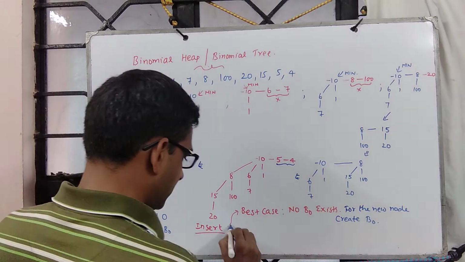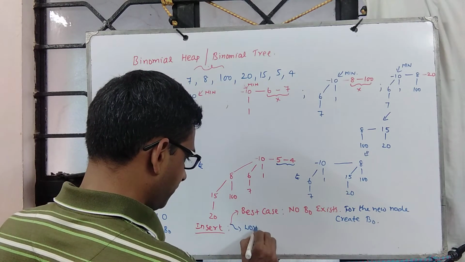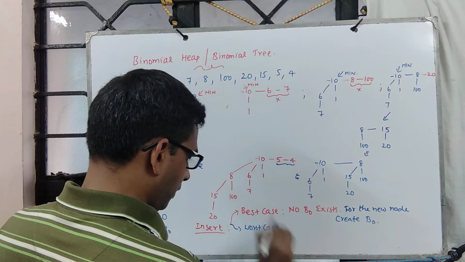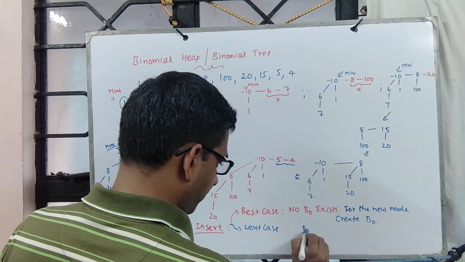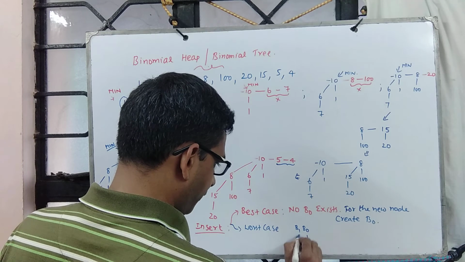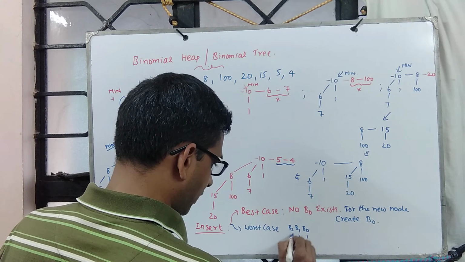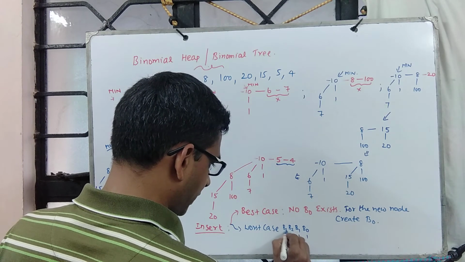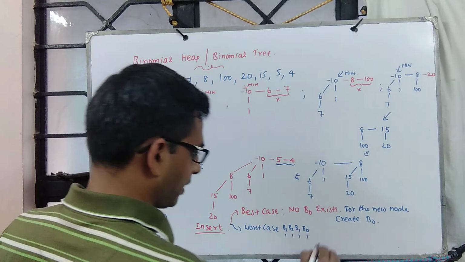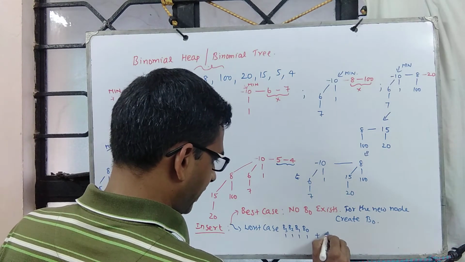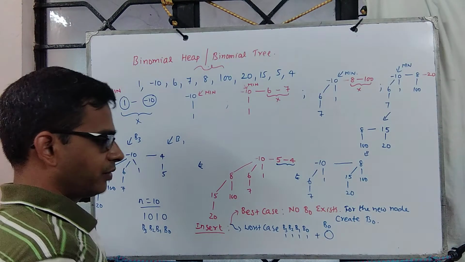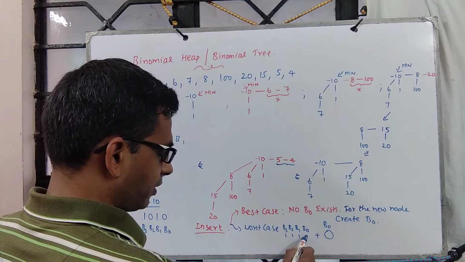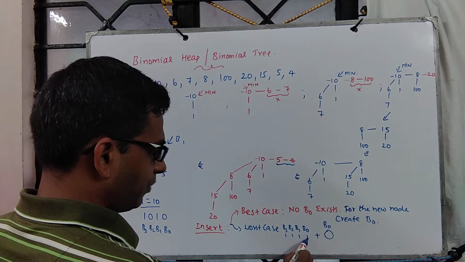What is the worst case scenario? You already have a copy of B0, a copy of B1, a copy of B2, say a copy of B3. Now with that, you add a copy of B0. So now what happens? B0 will create B1.